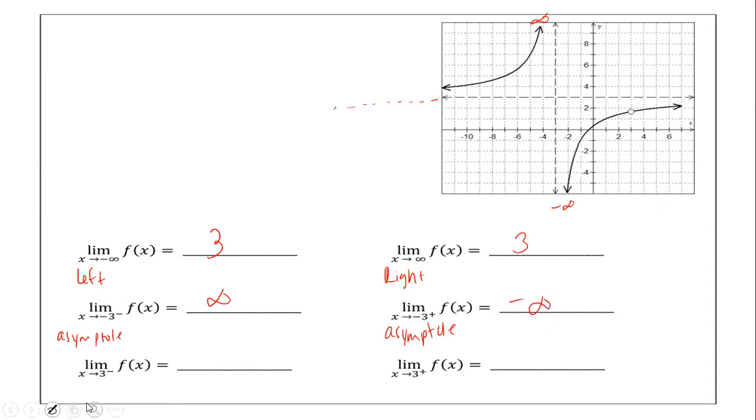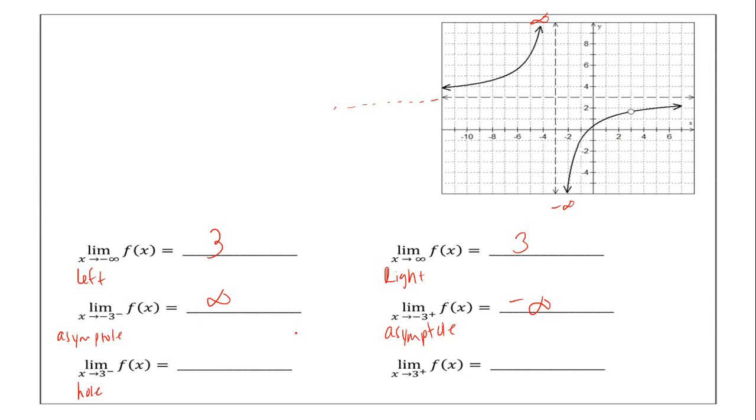Okay, now we're going to analyze what's happening around the hole in our function. So coming from the left of our hole, what is it approaching? If we could, what would it touch? What did we say that value was? 3. No, what is the Y value? Your f of X. What are you approaching? You're 5/3, right? 1.666666, 6, 6, 6, 7.